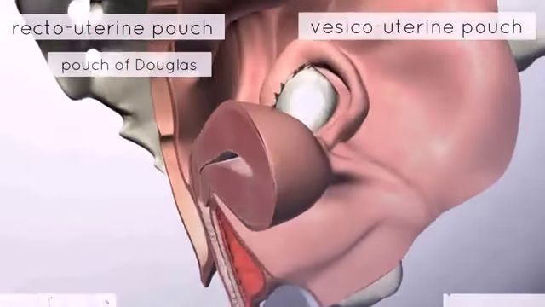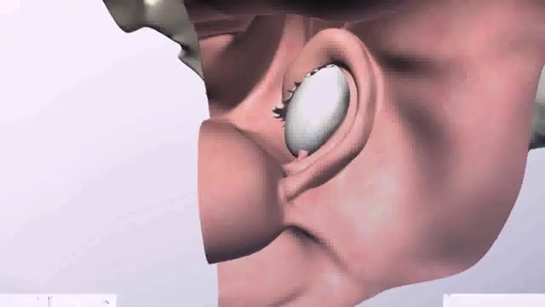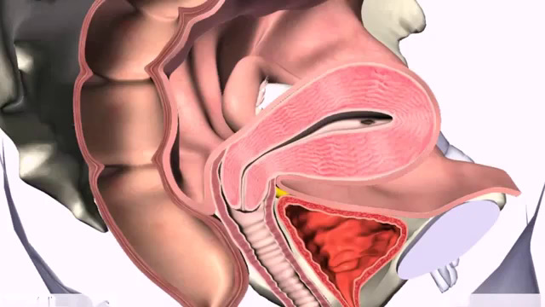So just to be aware that this peritoneum drapes over the uterus, and you can see the intraperitoneal ovary here. So that's a brief introduction to some of the elements of the female reproductive anatomy.